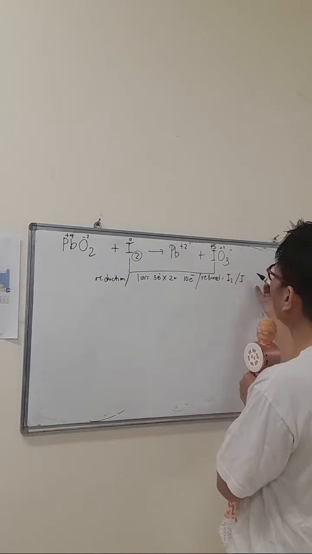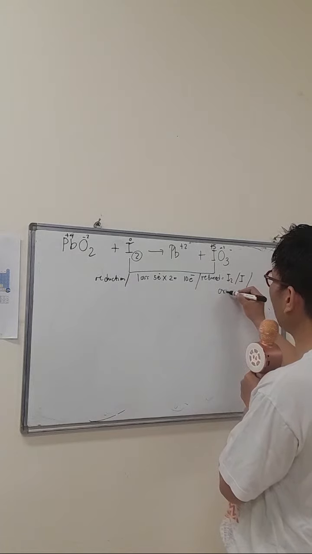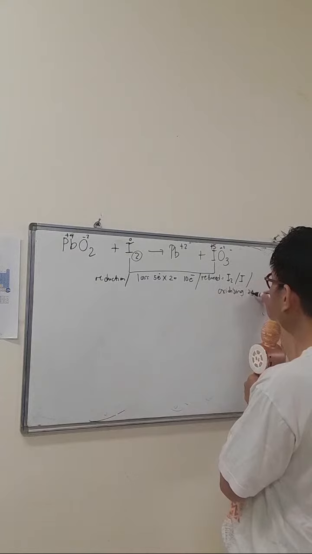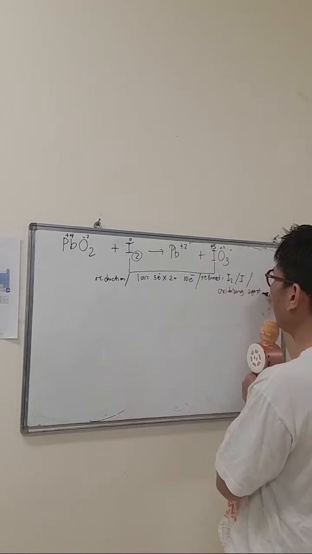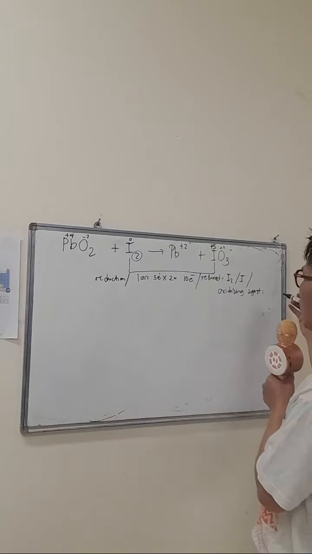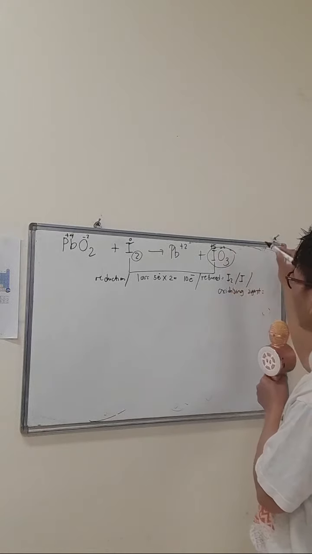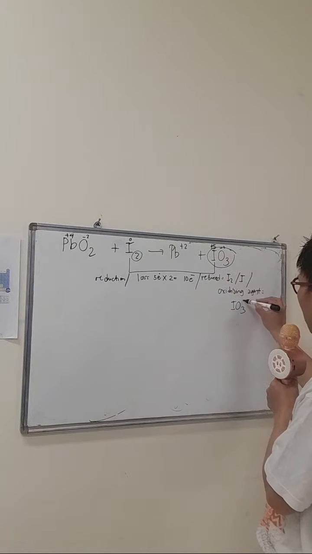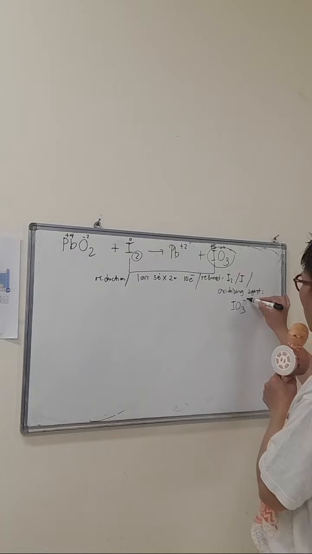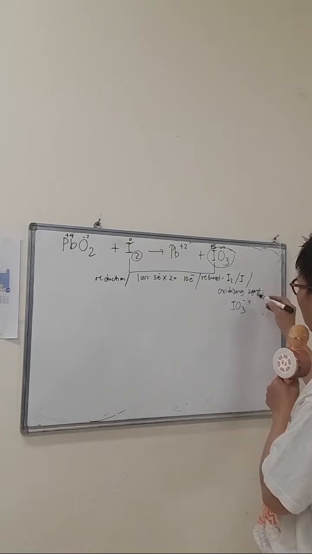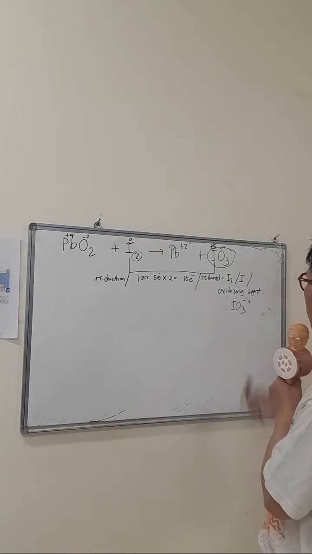And then the oxidizing agent: it is simply iodine gas and iodine, because this is a compound. The oxidizing agent is iodine, because the rule is that the oxidizing agent or reducing agent must be a compound. You get the point?